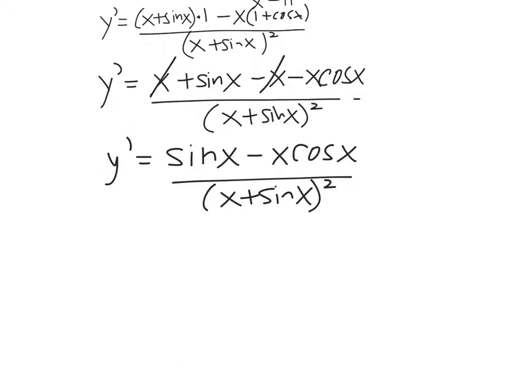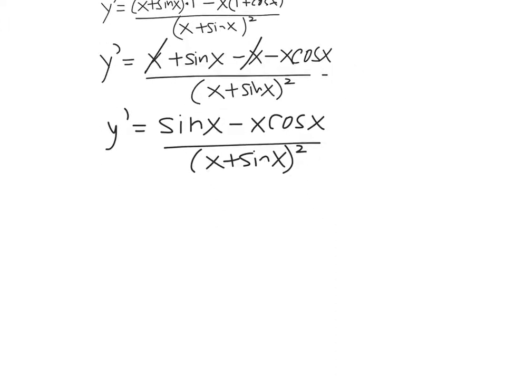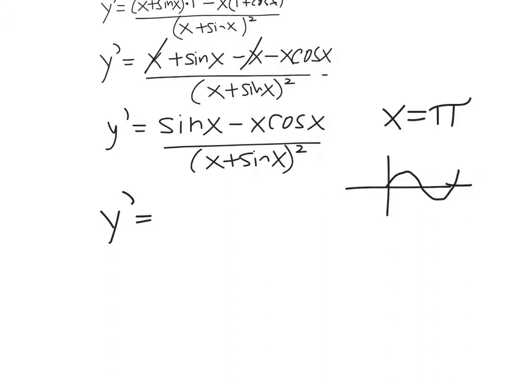Now let's find the slope at x equals pi. Pi is a nice number when you're doing sines and cosines. Do you remember what the sine of pi is? Plug it into the calculator. It's 0.